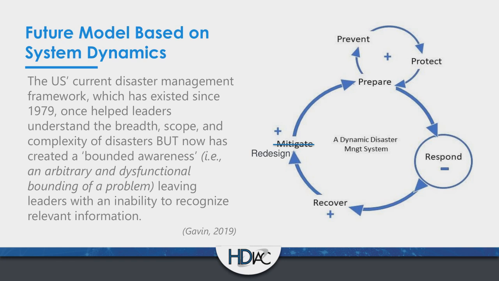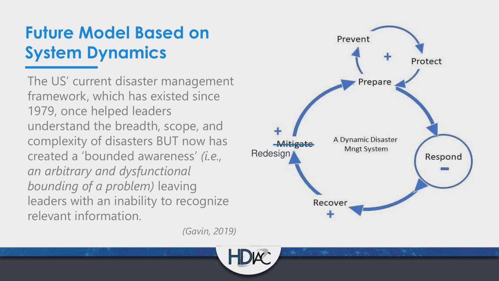The U.S.'s current disaster management framework, which has existed since 1979, it once helped leaders understand the breadth and scope and complexity of disasters. But now I'm thinking it's creating a bounded awareness, meaning an arbitrary and dysfunctional bounding of a problem, leaving leaders with an inability to recognize relevant information when it counts.